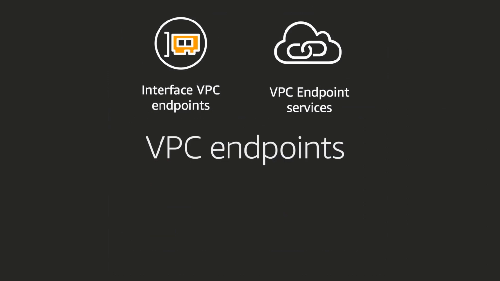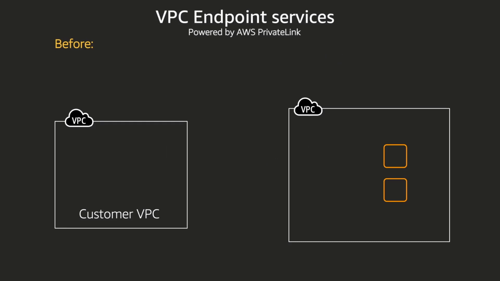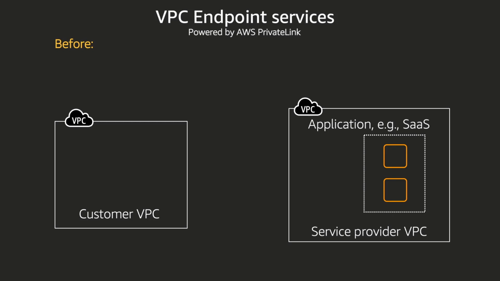Okay, we also made some updates to VPC endpoint services. A little bit different from interface VPC endpoints. VPC endpoint services is where you can use PrivateLink and take a SaaS VPC here on the right-hand side, or what we call a service provider VPC. So you might have a SaaS application running in that VPC.